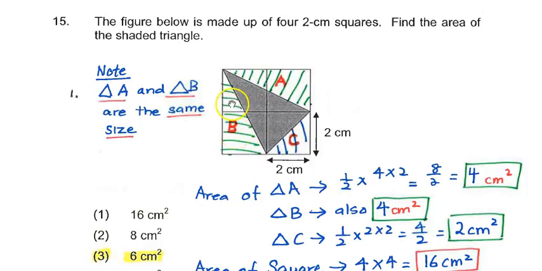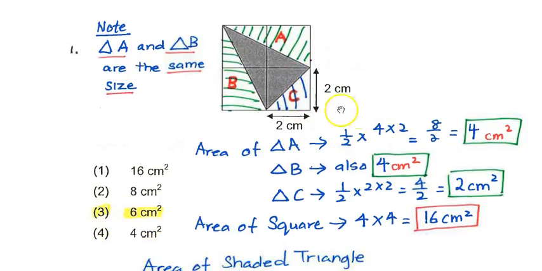Alright? You can see they are similar triangles. Triangle A and triangle B are of the same size. This is what you need to know. For C, it is 2 times 2 divided by 2. Alright, let's go through this carefully, slowly.